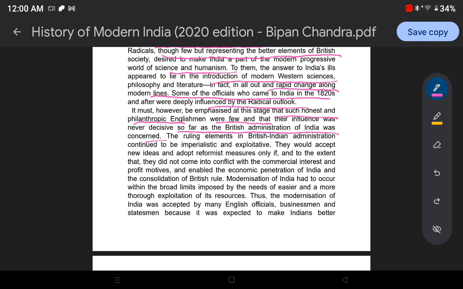The ruling elements in British Indian administration continued to be imperialistic and exploitative. They would accept new ideas and adopt reformist measures only if and to the extent that they did not come into conflict with commercial interest and profit motives, and enabled the economic penetration of India and the consolidation of British rule.